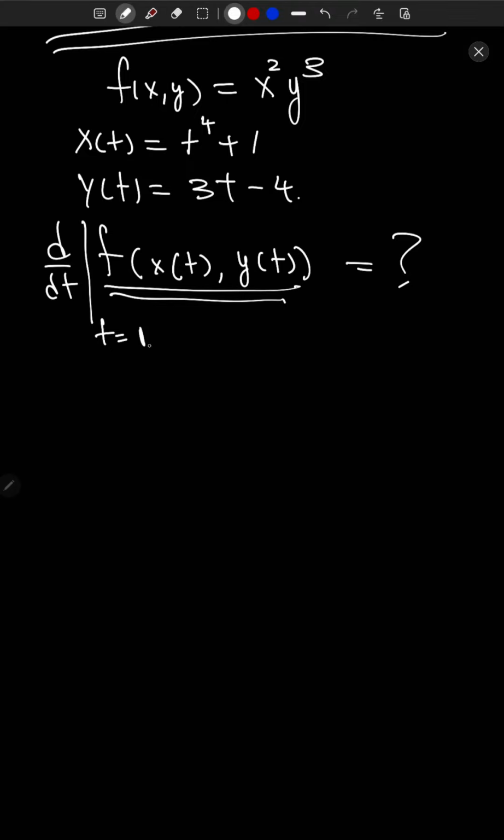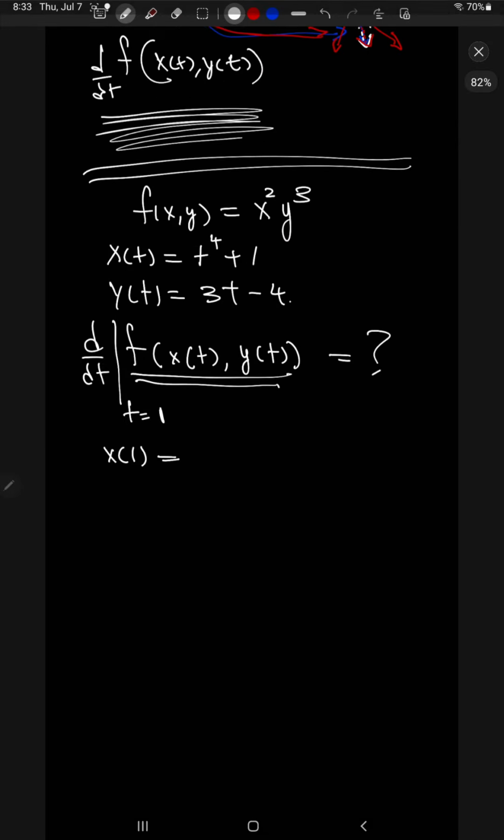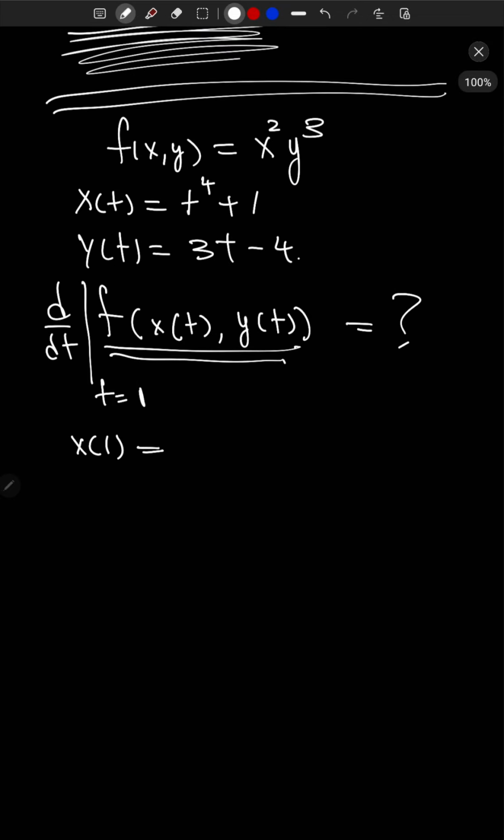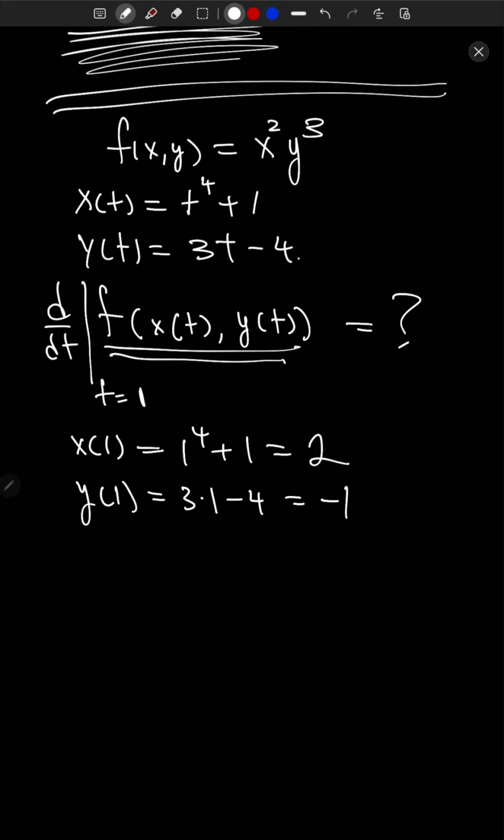When t is equal to 1, what's x and what's y? So x of 1 is, we just use the formula up here for x. x of t is t to the fourth plus 1. So x of 1 is 1 to the fourth plus 1, which is just 2. y of 1 is equal to 3 times 1 minus 4, which is minus 1.